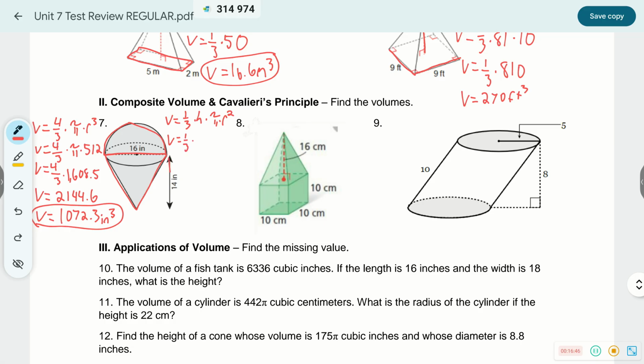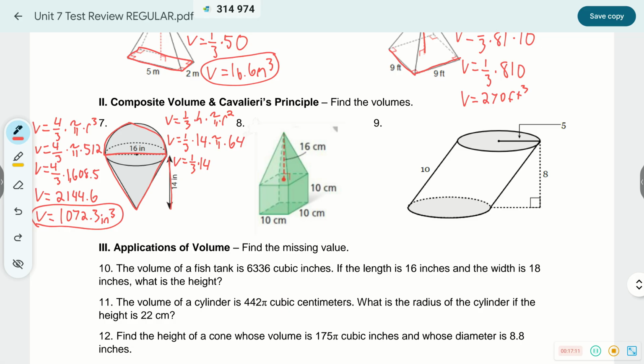This is going to be our height. 14 times pi times 8 squared. What's 8 squared? 64. So we have volume equals 1/3 times 14. Want to do 64 times pi for me?